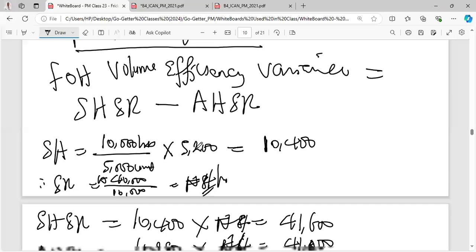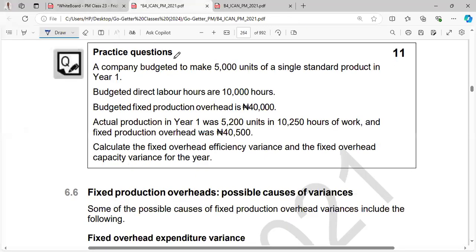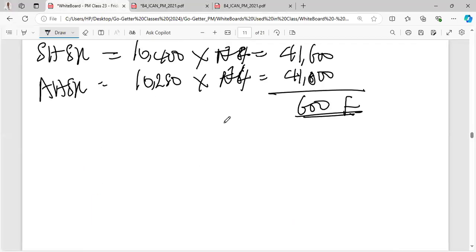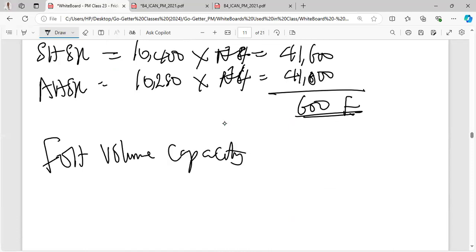The capacity variance. I will say capacity variance, fixed overhead volume capacity variance.